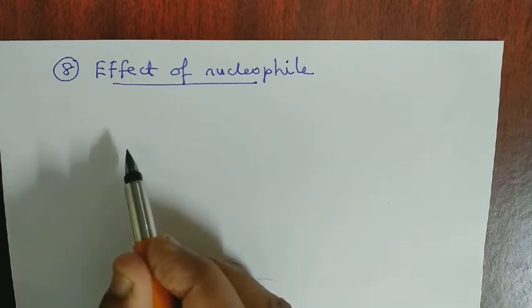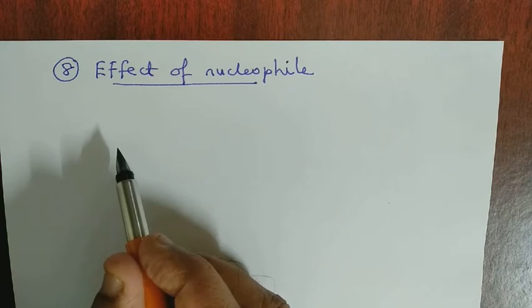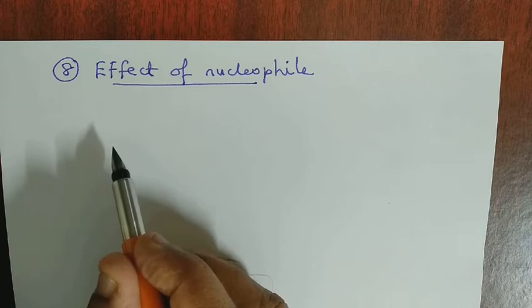The SN2 mechanism involves only one step, and it involves a nucleophile. That is, the rate determining step of the SN2 mechanism involves a nucleophile.